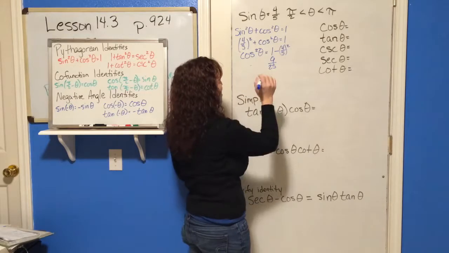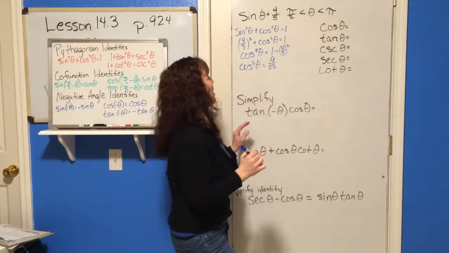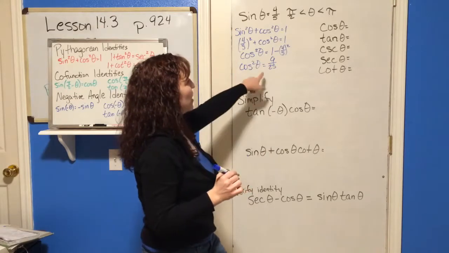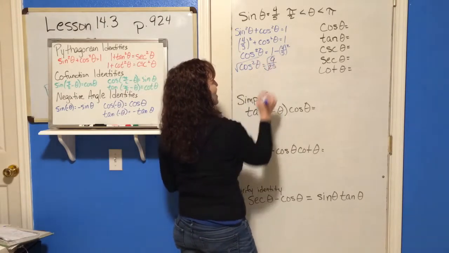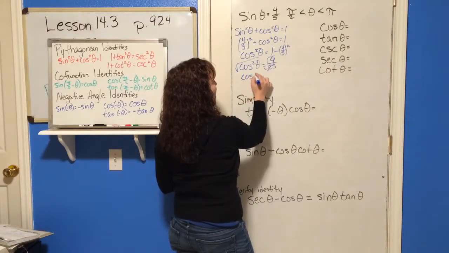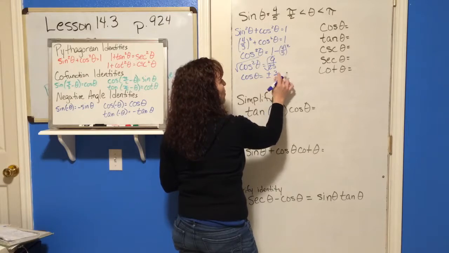If you need to pause and catch up, that's fine. I was able to do it before I turned the video on. Ha! All right, so now cosine squared of theta equals 9 over 25. So now all you have to do is take the square root of both sides. So cosine of theta equals plus or minus 3 over 5, not 25, 3 over 5.